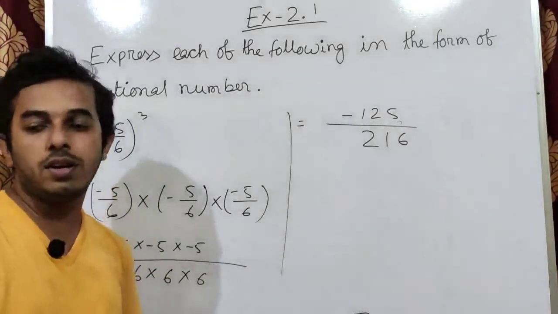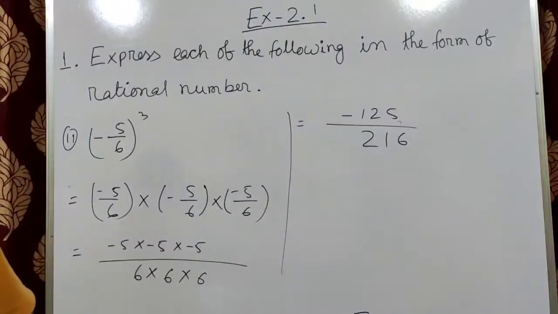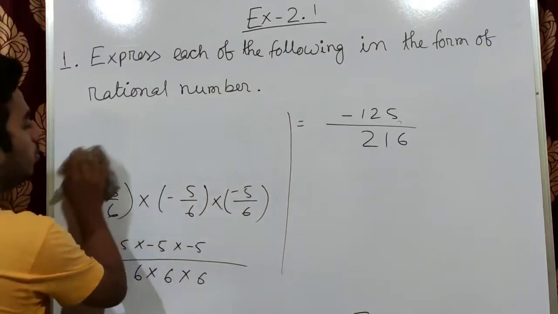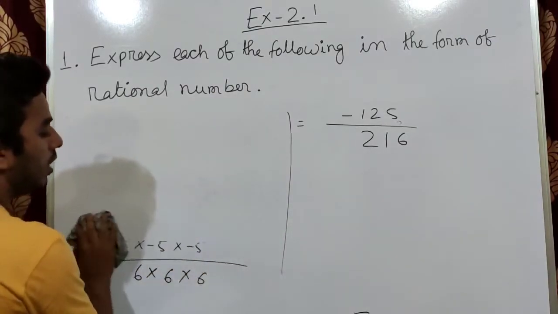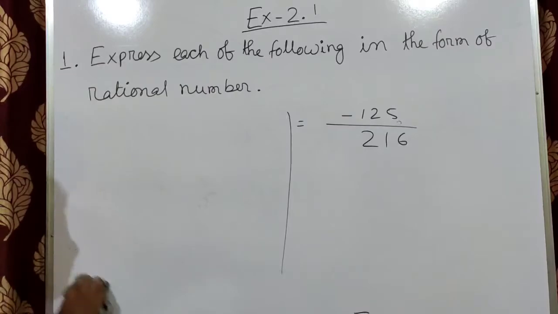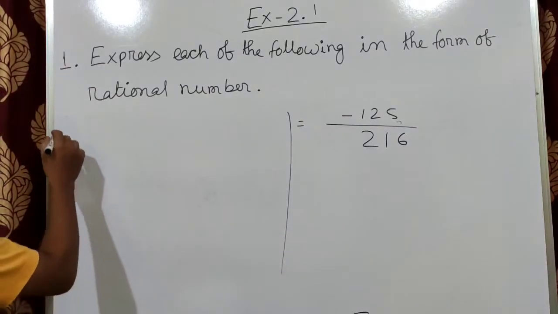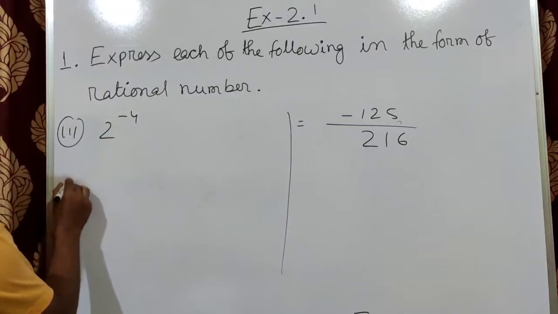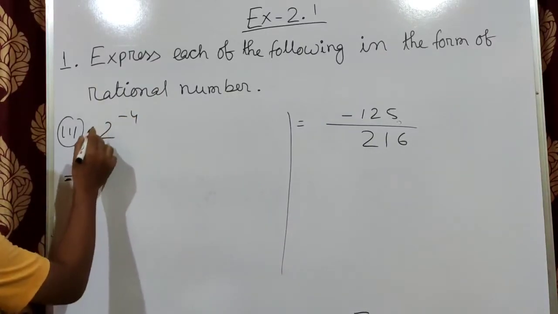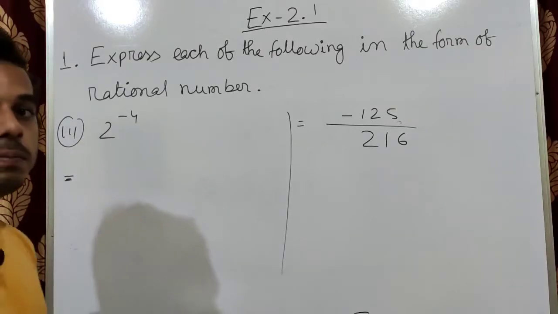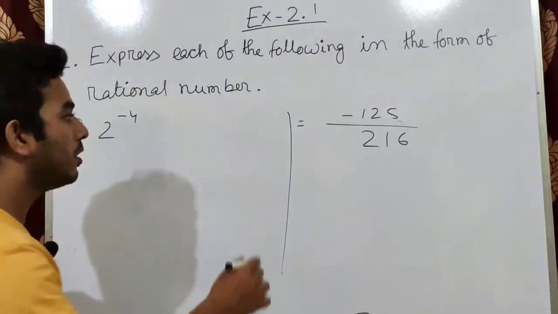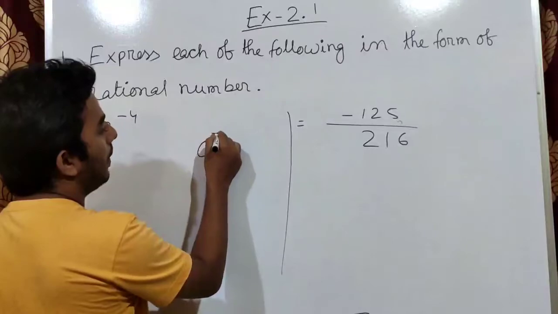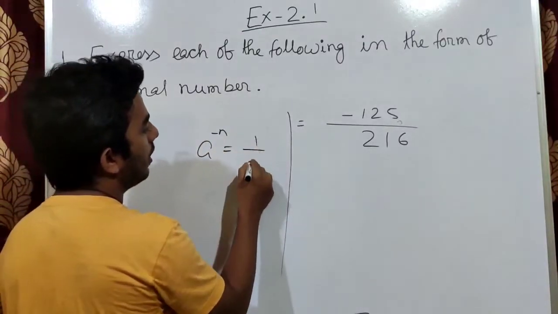Okay. Now let us move to our next question, which is 2 power minus 4. We have to express 2 to the power minus 4 as a rational number. Clear? 2 to the power minus 4. For this, to express any number which has a negative power, we know one expression, that is a to the power minus n equals 1 by a to the power n.